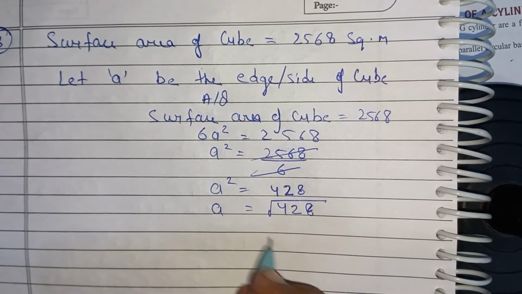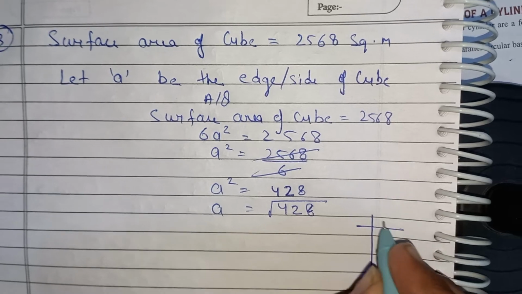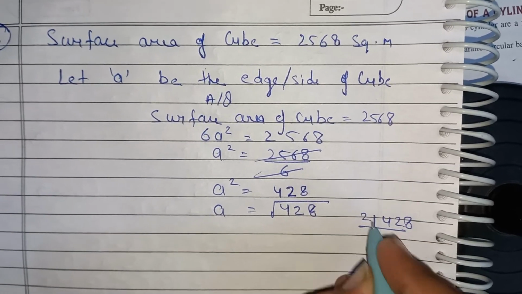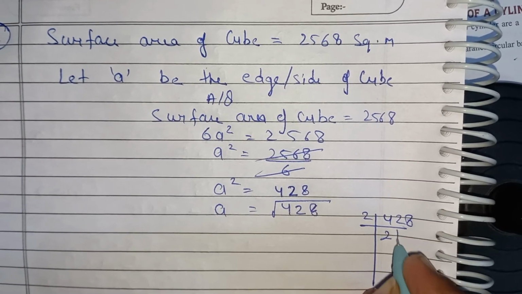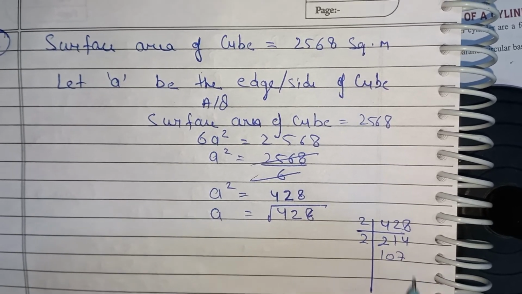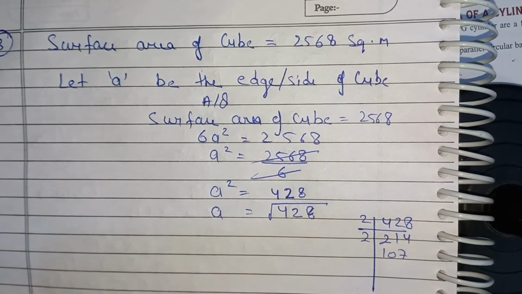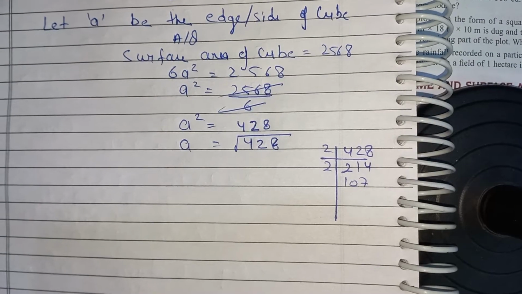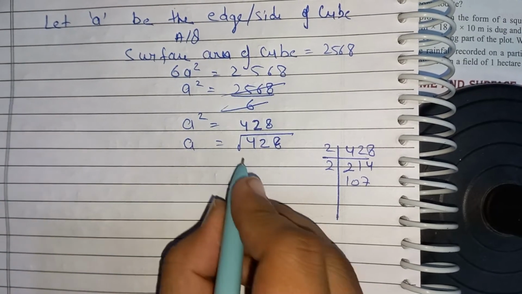Now I have to factorize it like this: 2, 2, 107. Let me check the answer in the answer sheet. Okay, 428.